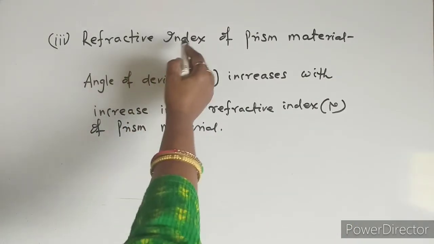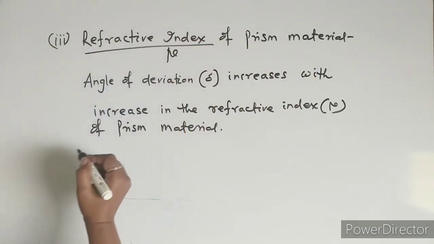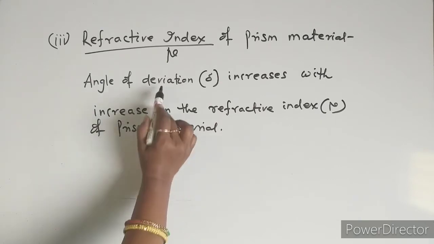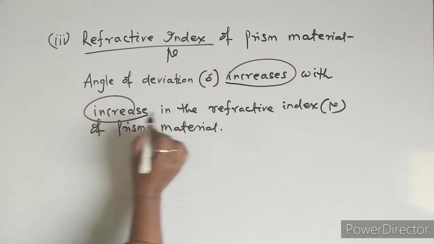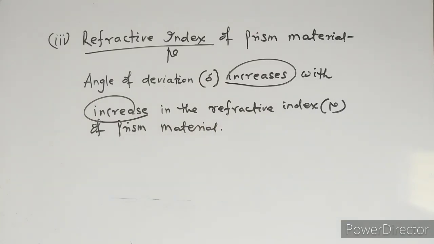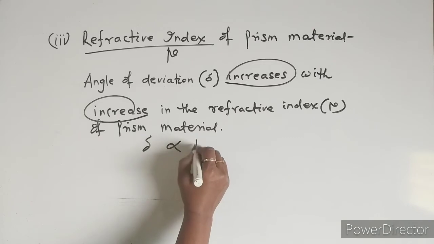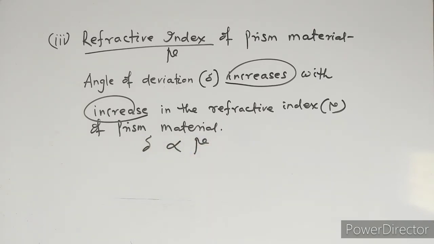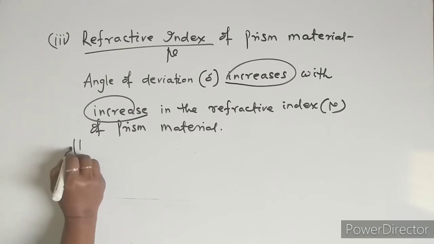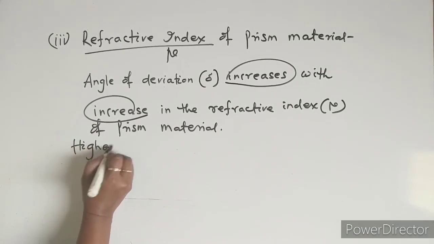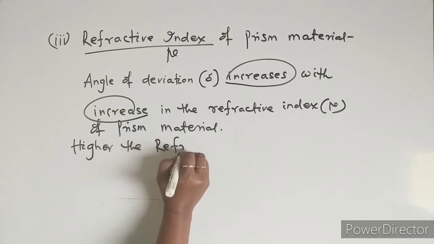The third factor is the refractive index of the prism material. Here it is mu, and the angle of deviation increases with the increase in the refractive index of the prism material. So we can write delta is directly proportional to the refractive index.